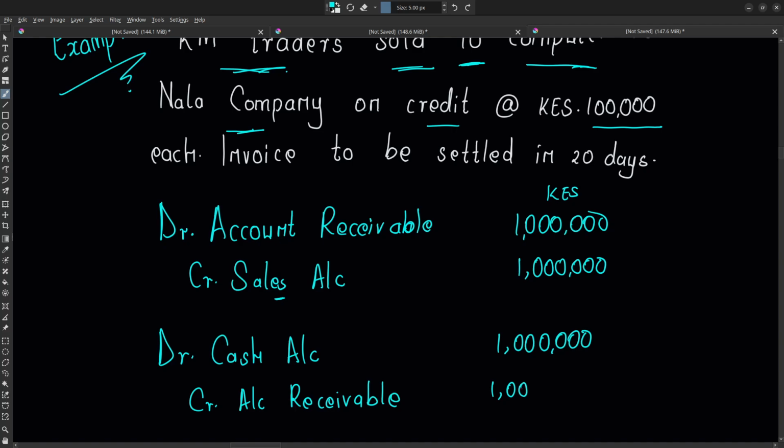They need to reduce that receivable of 1 million because now they have received it. This is for when we are using the system where we do the adjustment for cost of sales and inventory at the end of the accounting period, so you don't have to do it at the point of transaction.